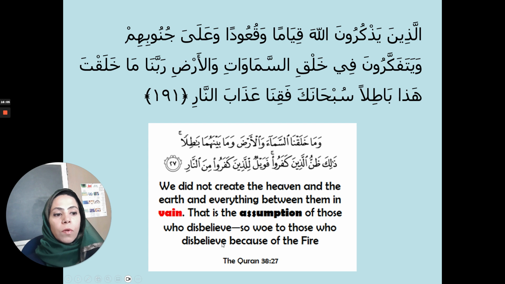So woe to those who disbelieve because of the fire. See, I'm not the authority on explaining the ayah, but the way I see it, the Quran puts too much importance on being curious, on asking questions, and when you ask questions, of course, getting answers to those questions is all about research.